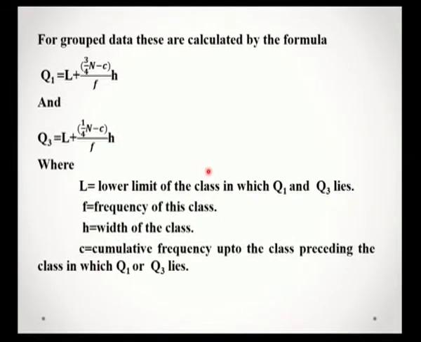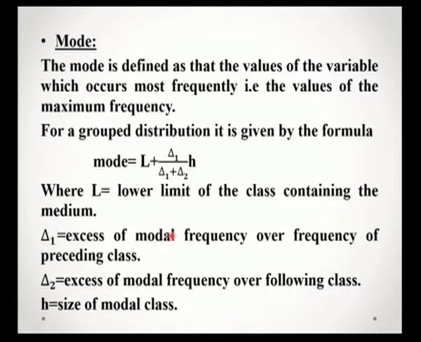Delta 1 is the excess of modal frequency over the frequency of the preceding class. Delta 2 is the excess of modal frequency over the following class. h is the size of the modal class. If you know all these values, we can calculate the mode for a grouped distribution of data.